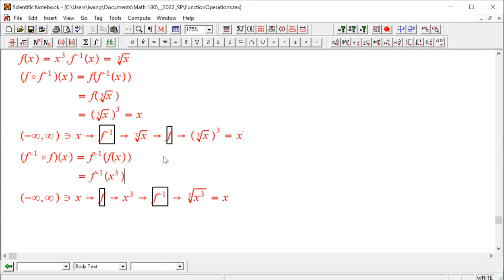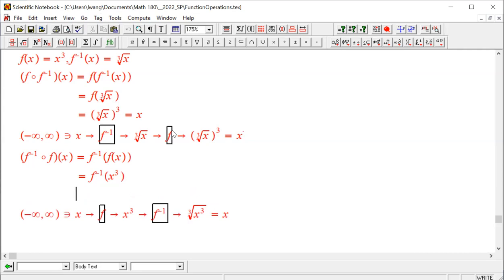Then we apply the rule of cube root, so we end up with the cube root of x to the power 3, and we end up with x. All right, so let's summarize this.